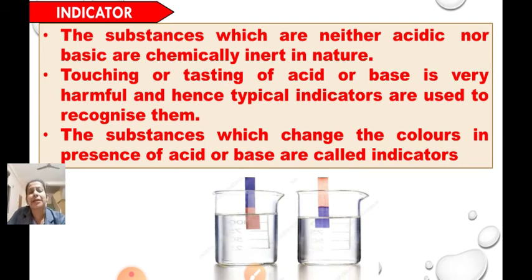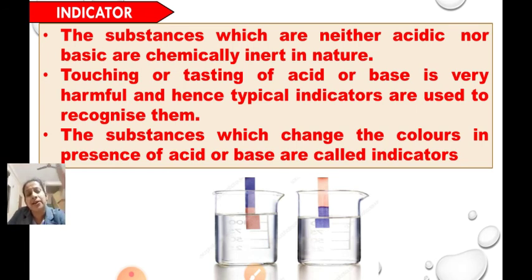You can see the color change shown here in this case. Two paper strips are put. Do you know what these paper strips are called? Yes, they are called litmus paper. I think you might have heard this before in previous classes. Litmus paper is one of the indicators, and you can see how nicely there is a color change.